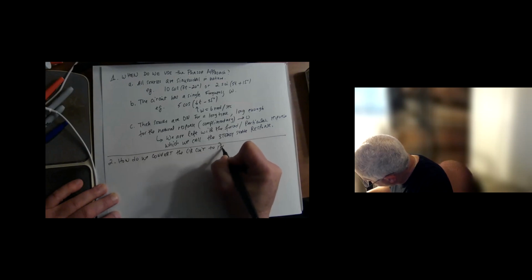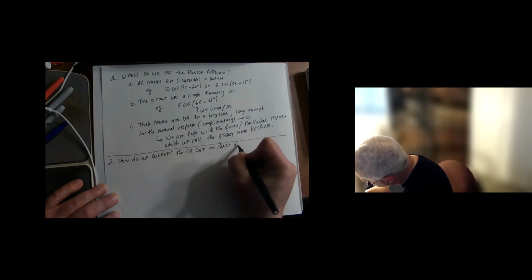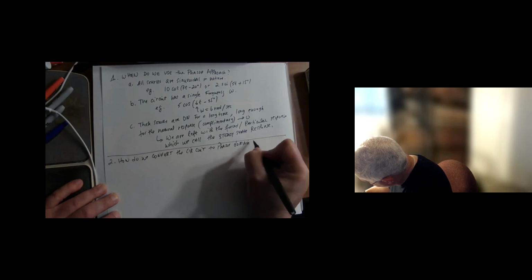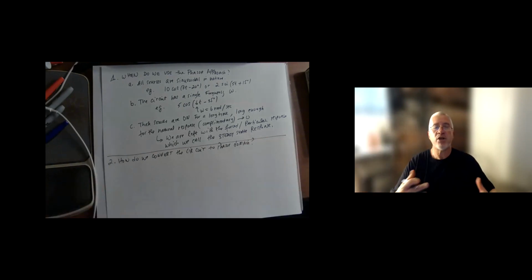Second question here. How do we convert the circuit to phasor domain? That's the second fundamental question here. And once we do that, then we can do mesh, nodal, voltage and current division, just like we did in the past, without having to solve differential equations.